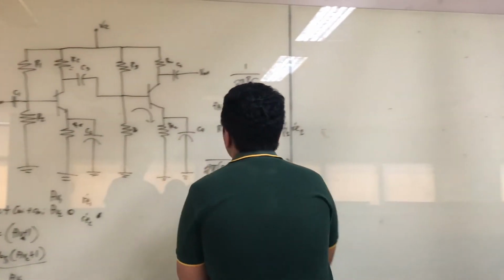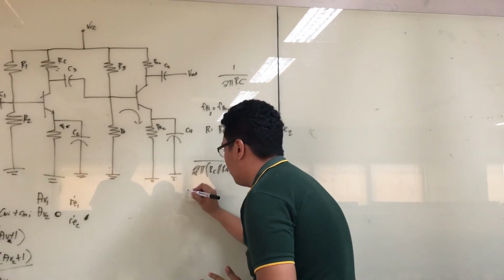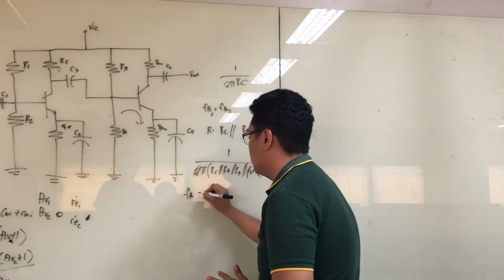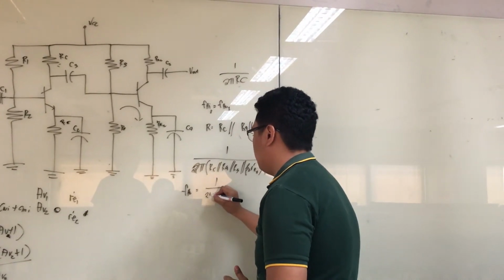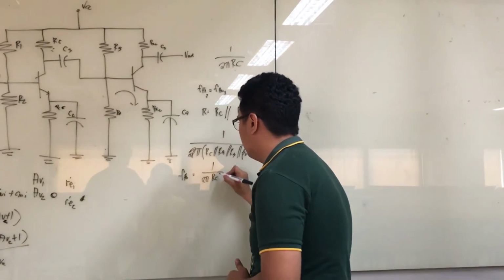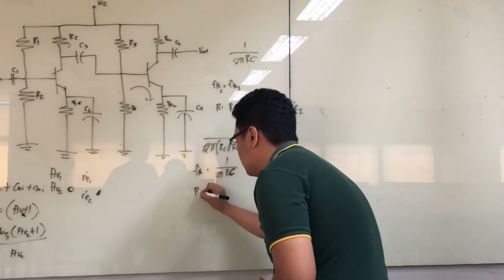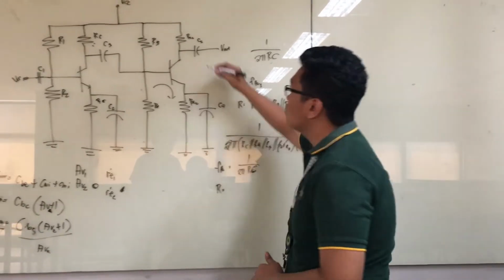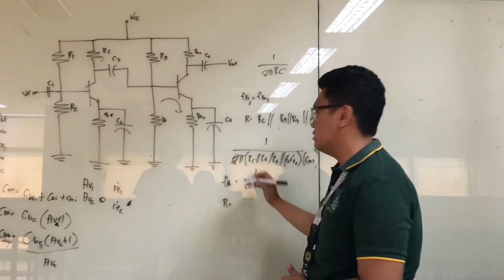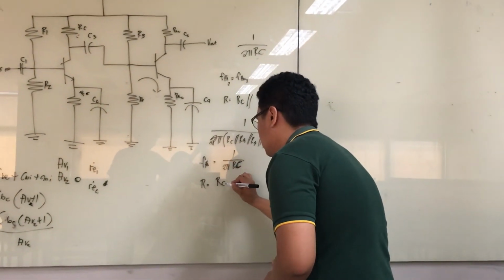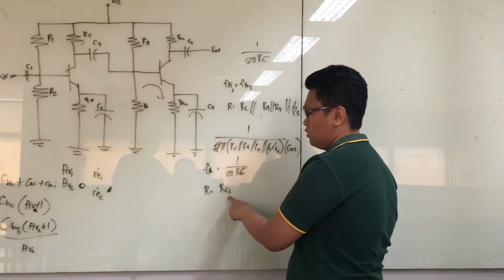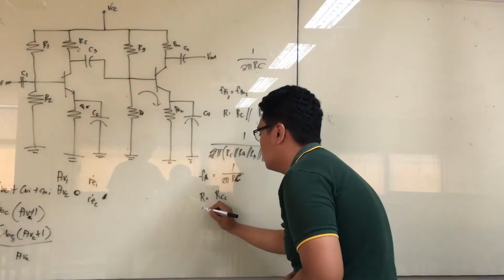Okay, so for FHO, same concept, 1 over 2 pi RC. Since there's only one resistance there, it's only your collector resistance RC2 for the second stage.